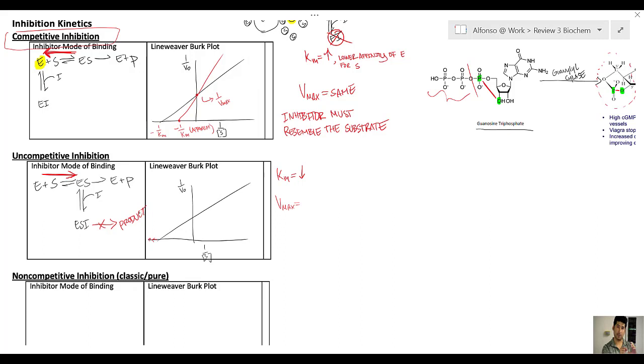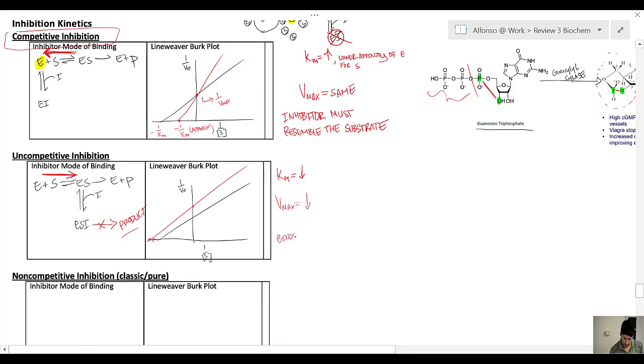And the reason for that is because once you form that ES complex, that's when the inhibitor binds. And so you're not able to compete with it because the substrate has already bound to the enzyme. So the line is going to shift to the right, Vmax goes down because we're not forming any products. So if Vmax goes down, the reciprocal increases, which means that this line is going to shift up. And so then that is what our line is going to look like.